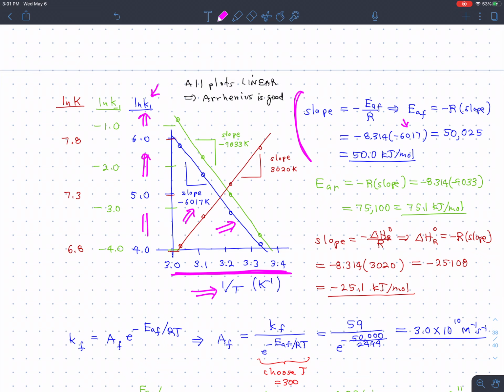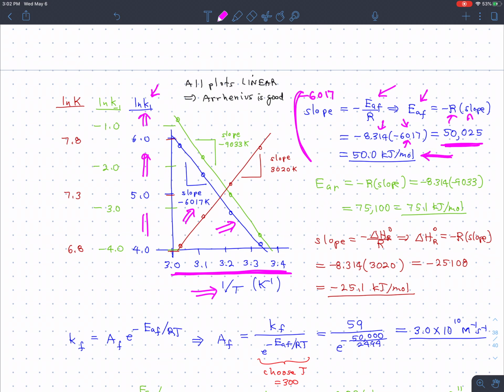That's equal to minus EA forward divided by R. So multiplying by minus R on both sides, the EA forward is minus R times the slope, which is minus 8.314 times minus 6,017. And that gives an EA of 50,000, or 50 kilojoules per mole.